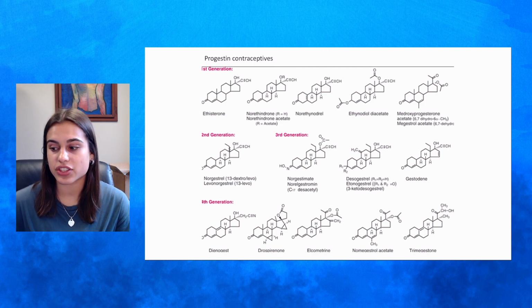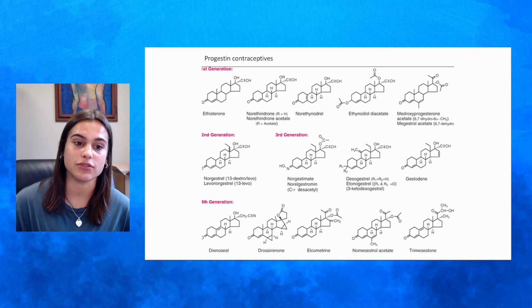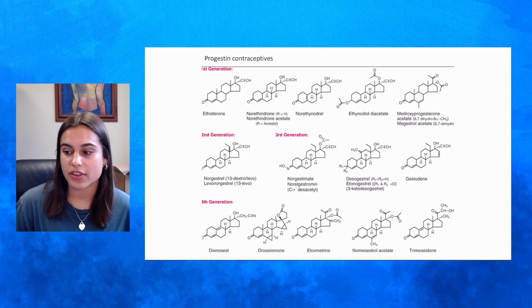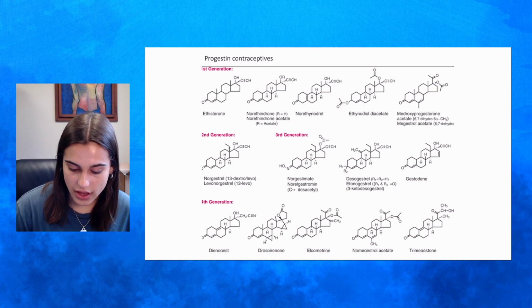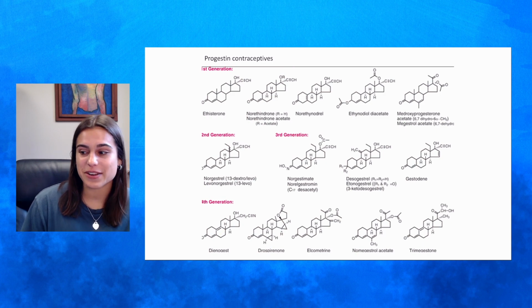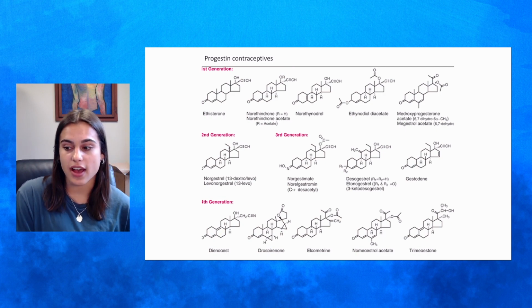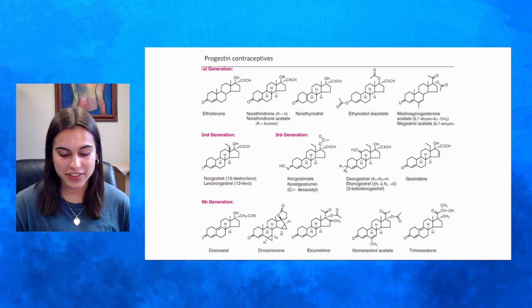This progestin showed significant androgenic activity due to its similarity to testosterone, which led to undesirable side effects, including acne, facial hair, and oily skin. So the removal of a methyl group from this gave norethindrone in 1944, and that resulted in a 5 to 10 times more active progestin than ethisterone, that one.